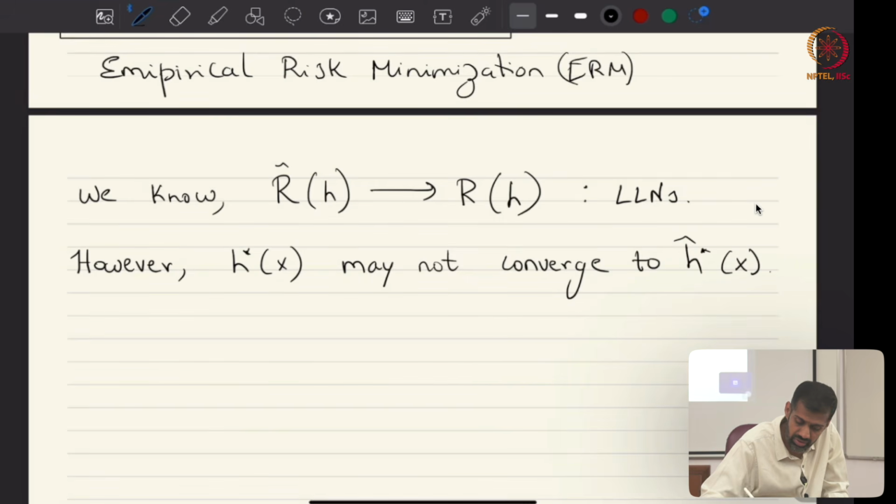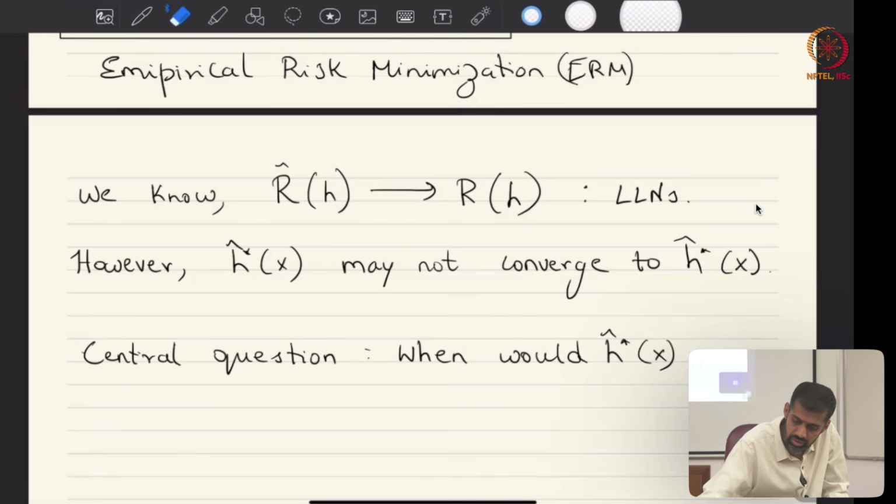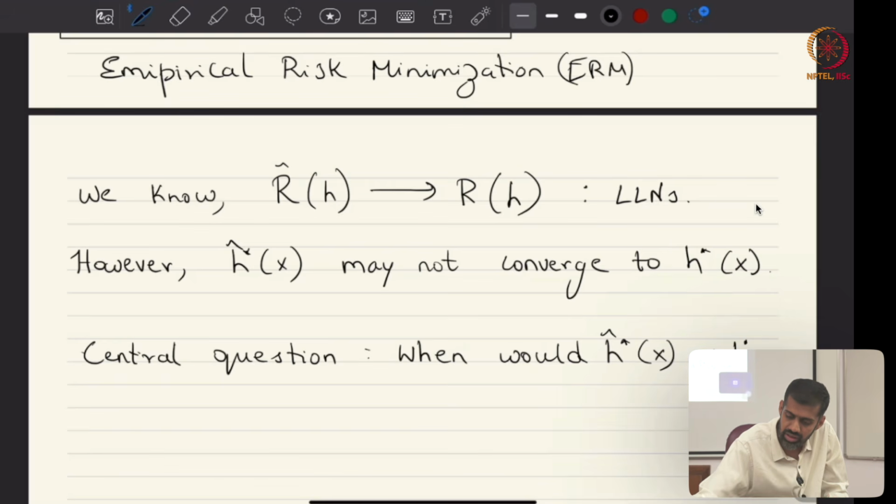So the central question is: when would H star hat of x converge to H star of x?